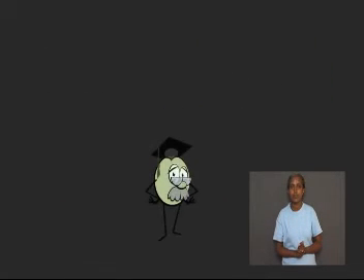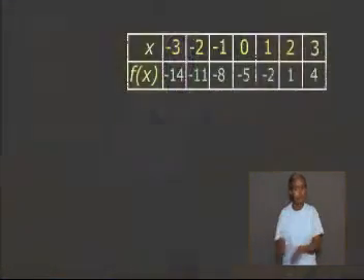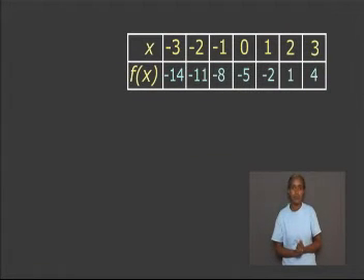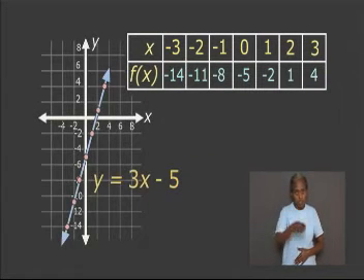Time's up. Let's get back to our lesson. Hello, students. Your table should include these values of the function corresponding to the x values. Your graph should resemble this one.